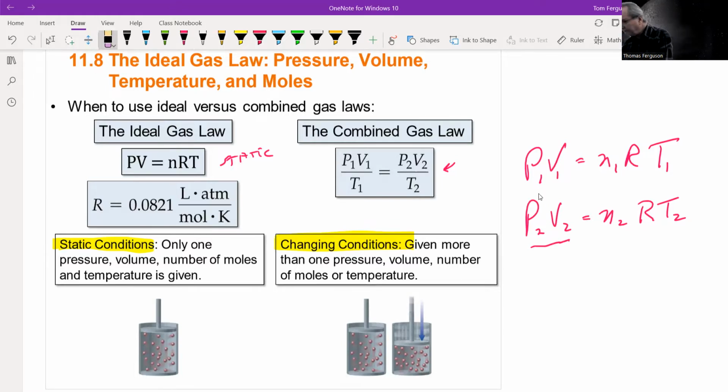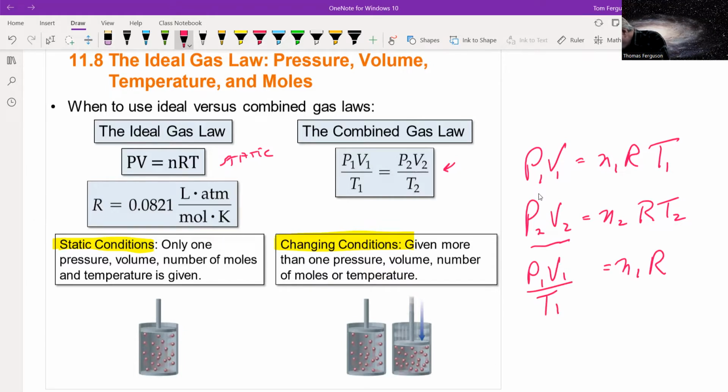We solve for nR, because those are the constants in both situations.